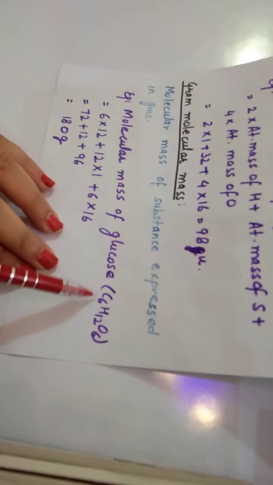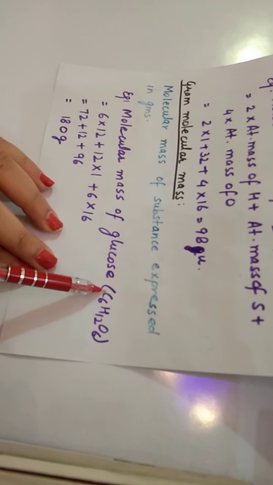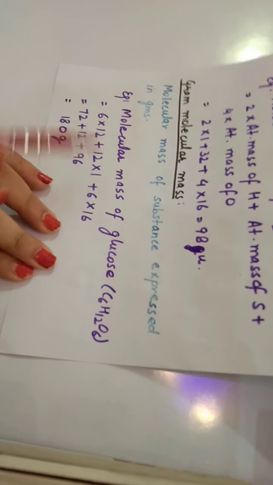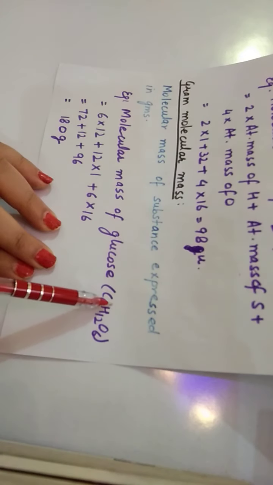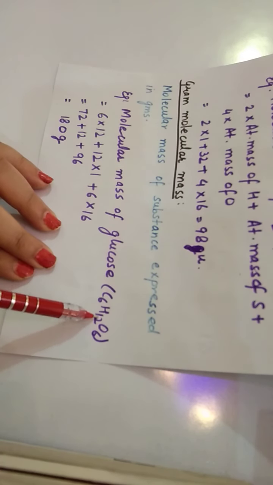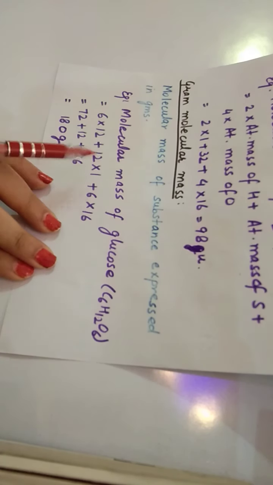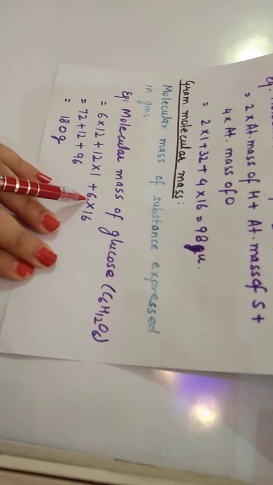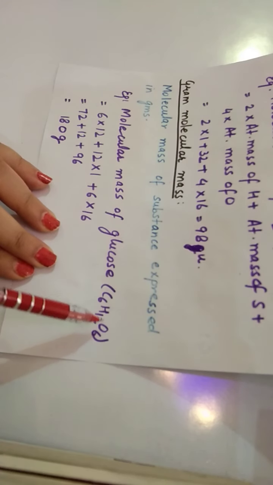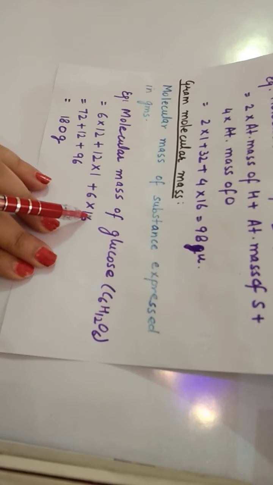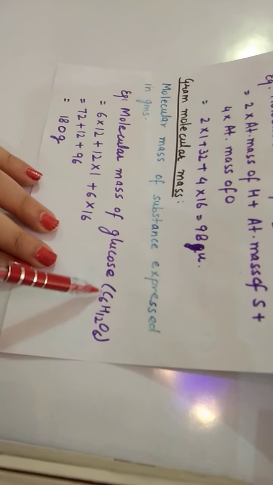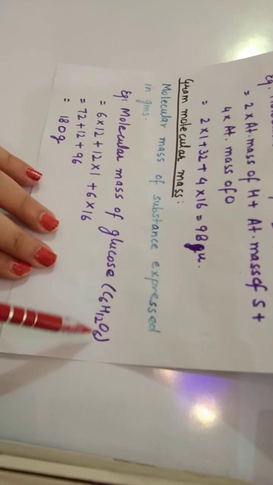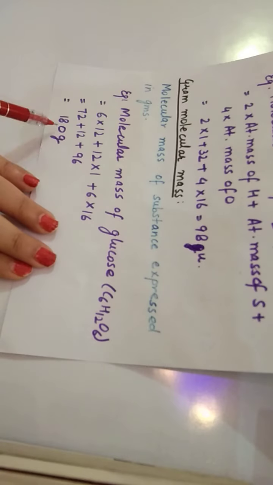So it would be 6 into atomic mass of carbon, that is 12, plus 12 into atomic mass of hydrogen, so 12 into 1, plus 6 into atomic mass of oxygen, which is 16. So it is 6 into 12 plus 12 into 1 plus 6 into 16. It came out to be 180 gram.